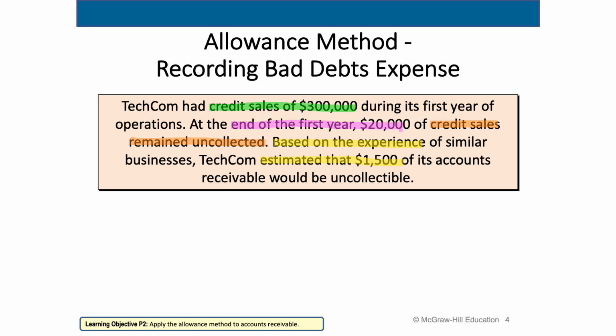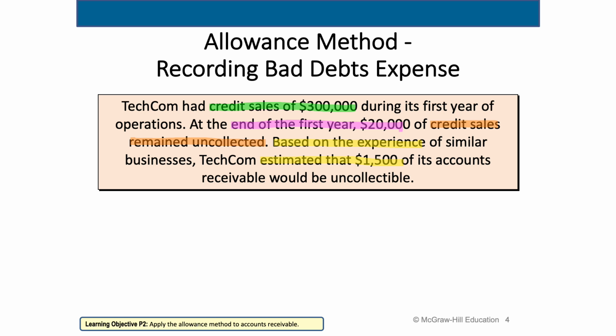So remember, it's an estimation, which means that we might be right and we might be wrong. Telecom estimates that out of the 20,000, 1,500 of the account receivable will not be collected. They are assuming that some customers will not be able to pay, and they estimated 1,500 will not be collected.